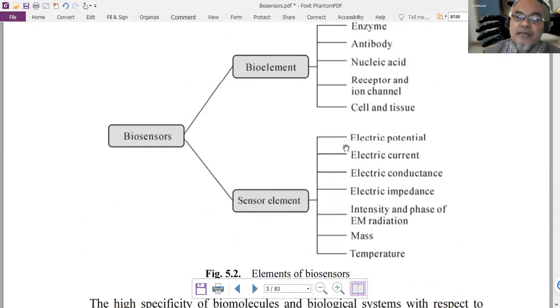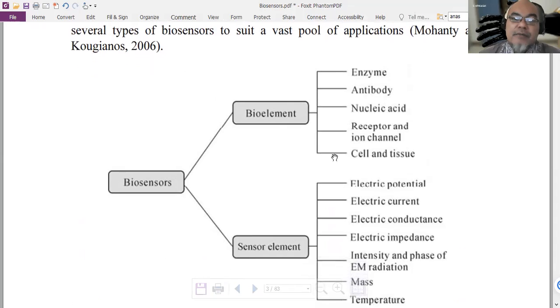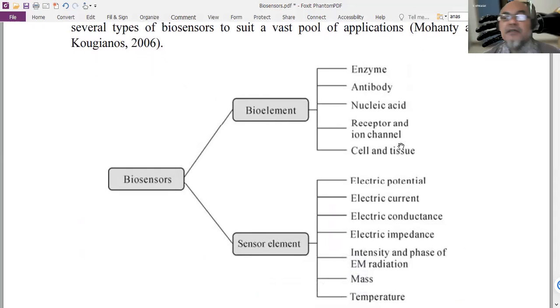So, what makes a biosensor special? Because these bioelements usually only react with specific molecules. An enzyme can only catalyze a specific reaction, related to the substrate, to make a particular product. An antibody can bind to a specific antigen. Nucleic acid binds only to another nucleic acid having complementary sequences. So they cannot bind to just any arbitrary molecule. They bind specifically to the specific molecules.